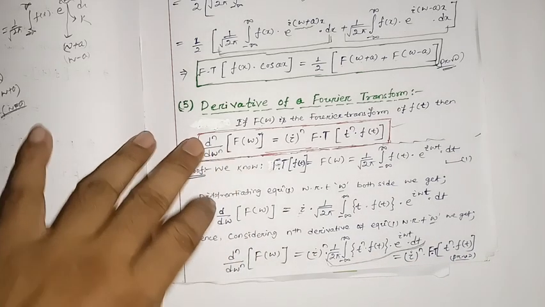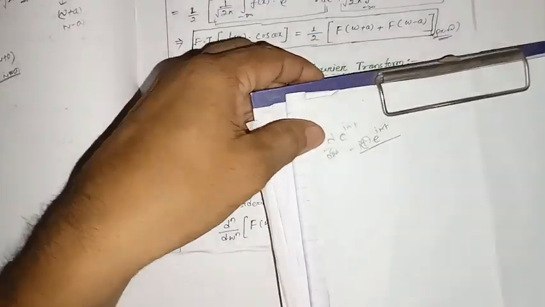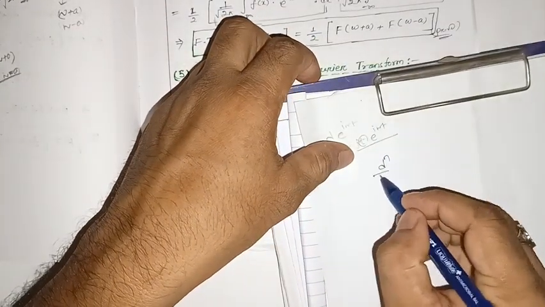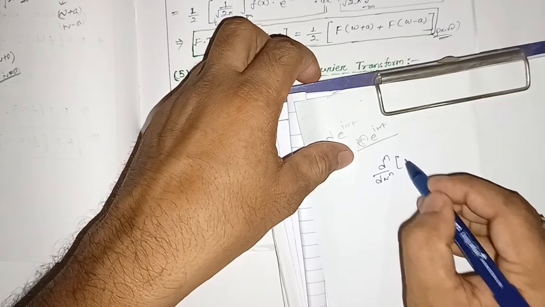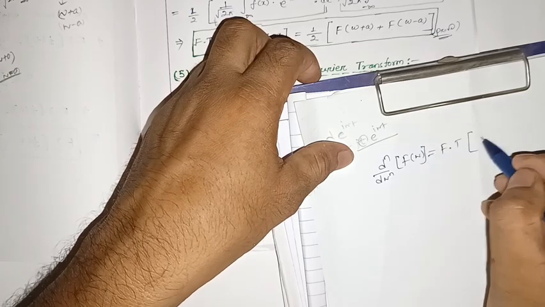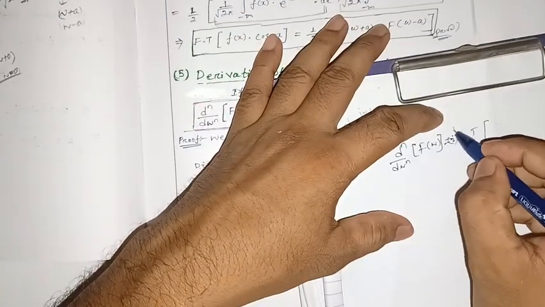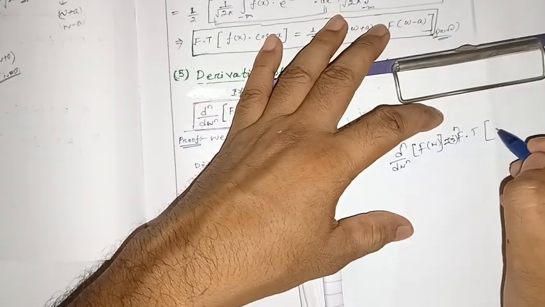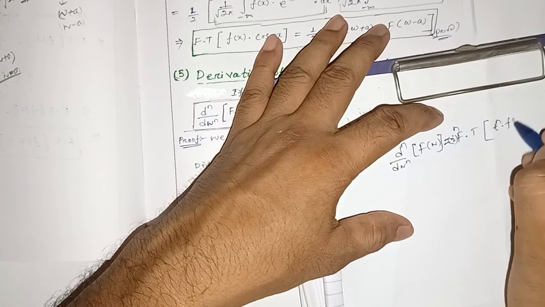What we found is that the nth derivative with respect to omega of capital F of omega is equal to I to the power n times the Fourier transform of t to the power n f of t.